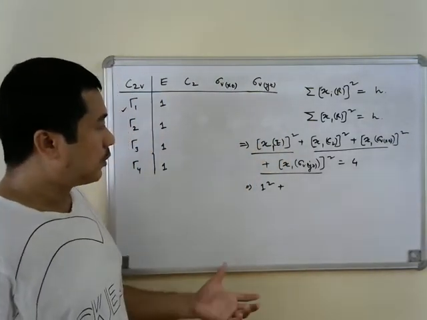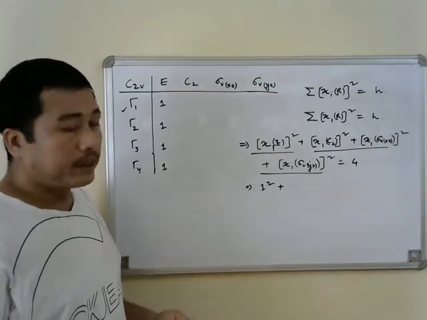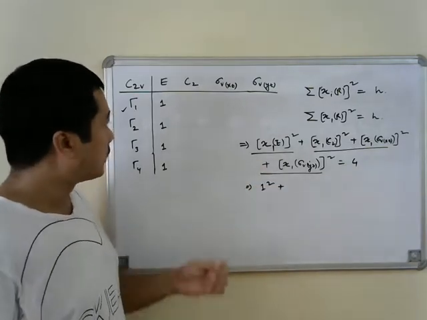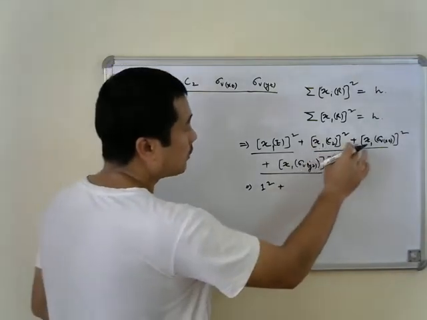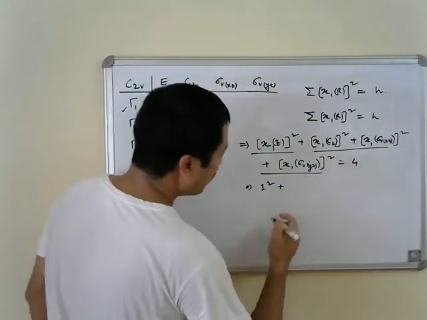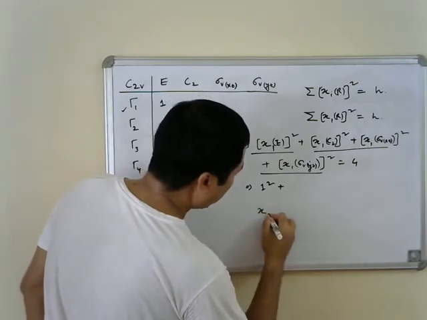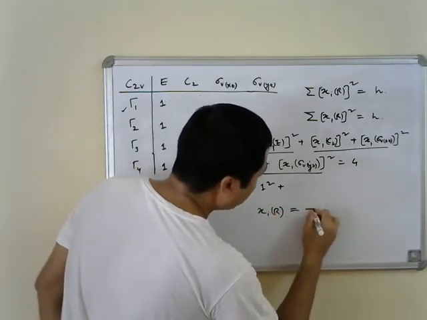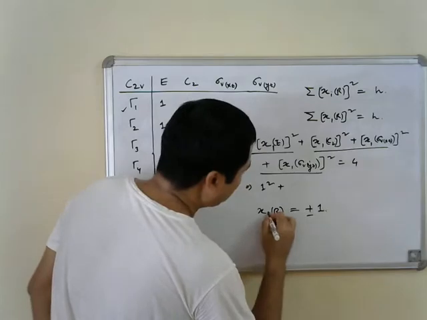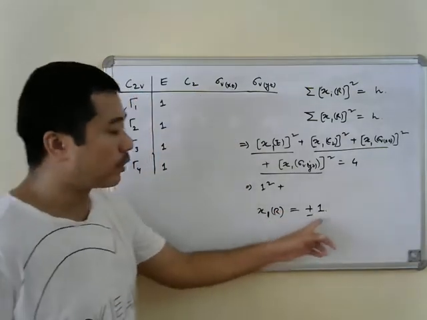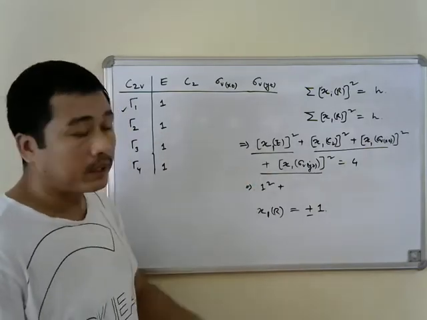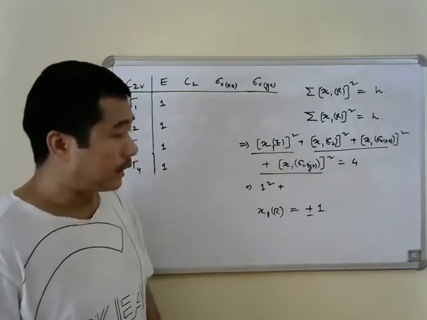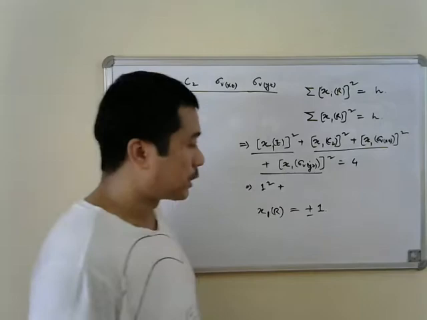Now we know that the value of chi for these symmetry operations in case of the first irreducible representation, only one value will satisfy this expression, that is chi 1 of R equal to plus minus 1 for all the symmetry operations, and then this expression is going to be satisfied.